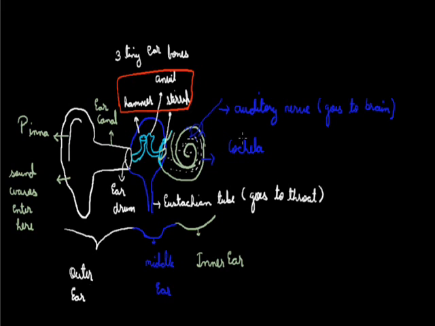So basically in the human ear, vibrations travel through a passage which is provided to them and become audible. So here we complete the sound chapter.